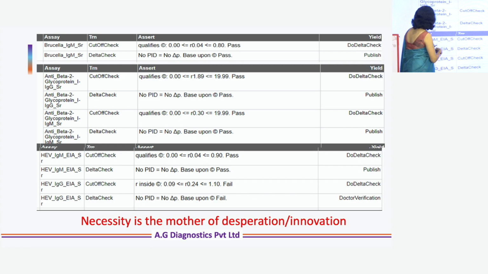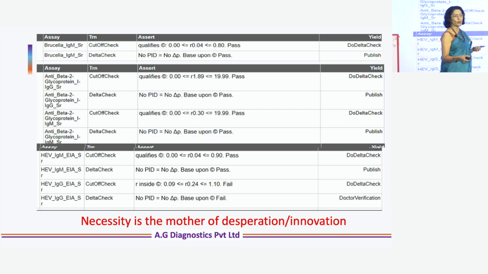So we even started, why only clinical chemistry, why only hematology, then why only urine analysis? So we started thinking a little out of the box, and then these kind of results, where we have no clinical history, or that even the authorized signatory is going to think in a particular way.